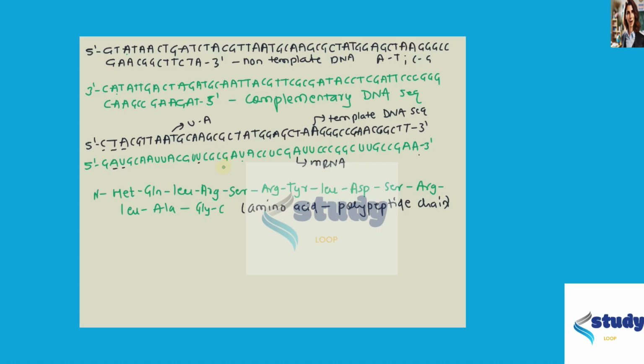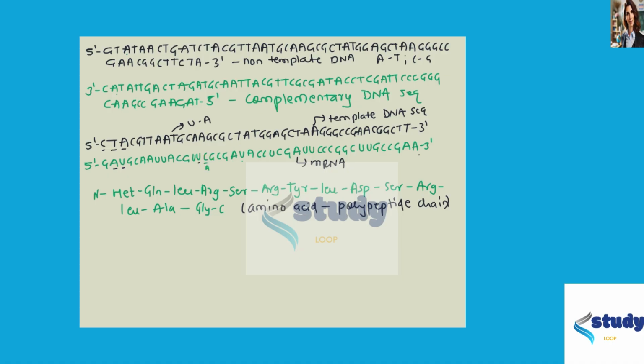Let's say here this UCG, which codes for serine, this C will get mutated and another base will be added, that is A. So it will be UAG, that is nothing but a stop codon.